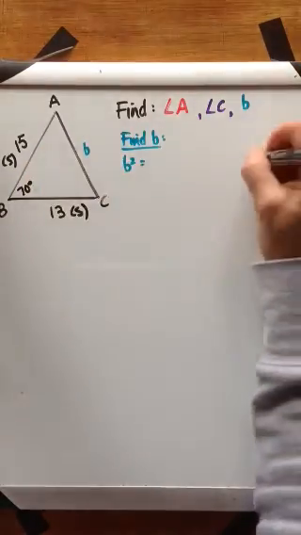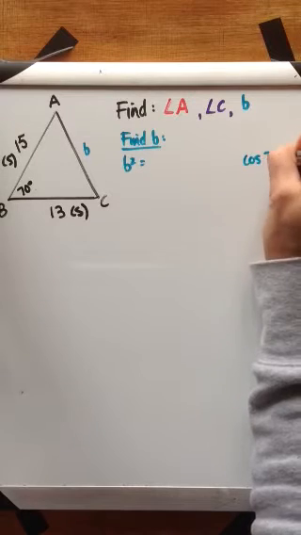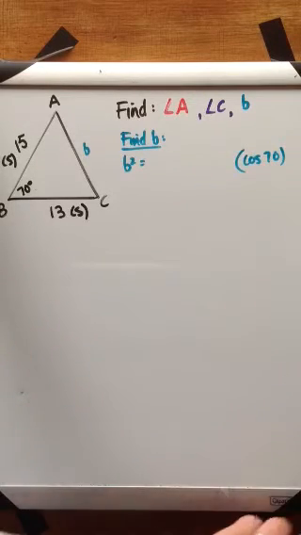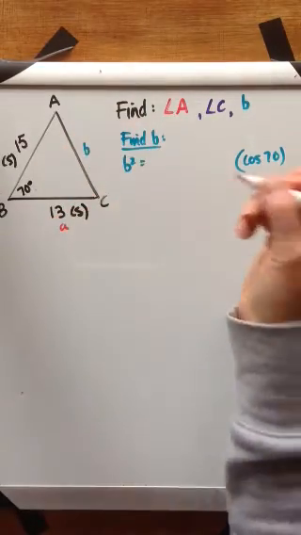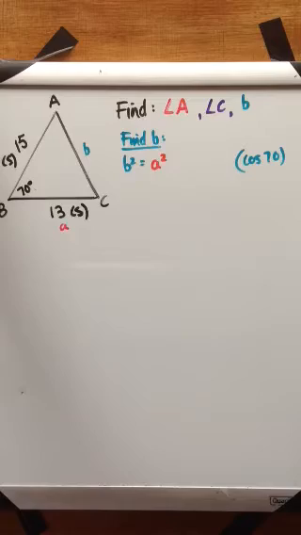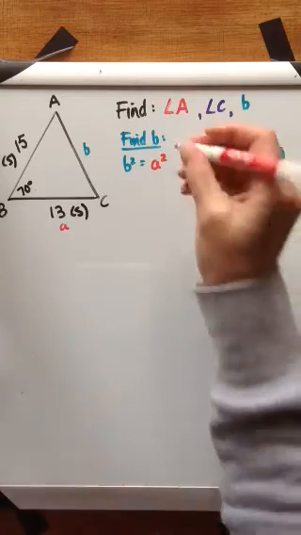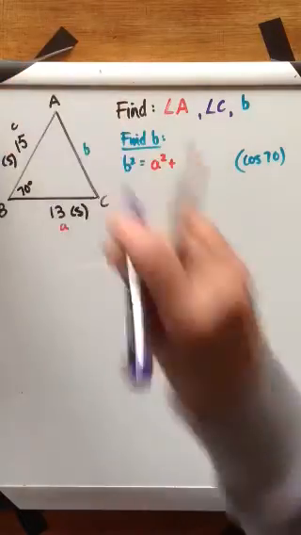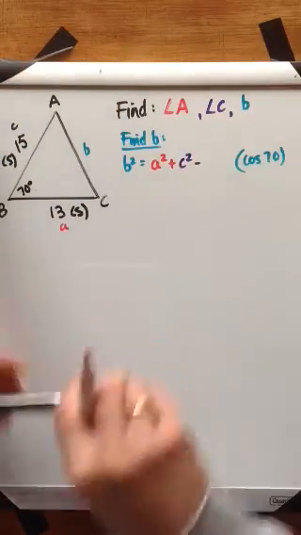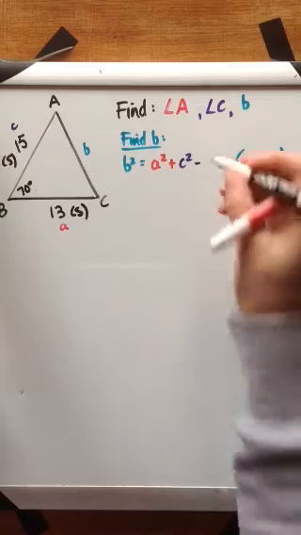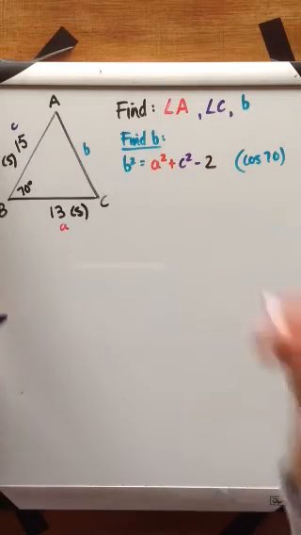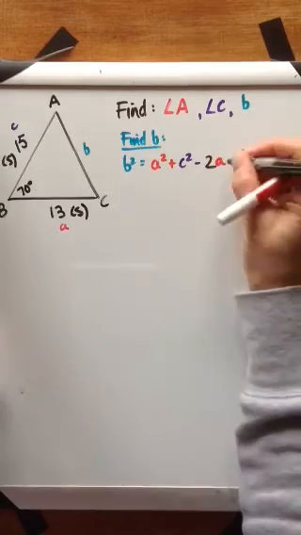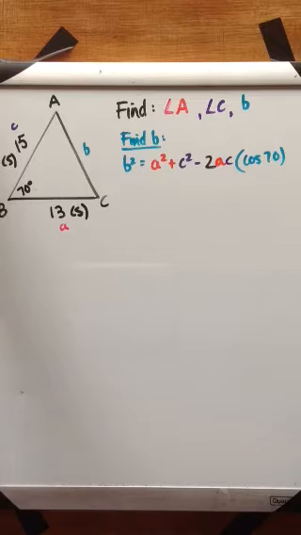We'll put cosine 70 over here. And we'll put the other sides in between. So little a right here and little c right here can be used to derive this cosine law. Minus 2 times a times c. Alright, so I want to do this as a general formula first so you can see what's all involved, and now we can sub in some values.